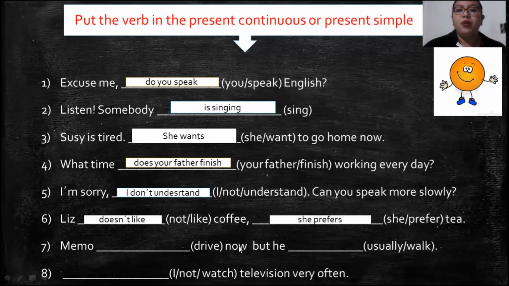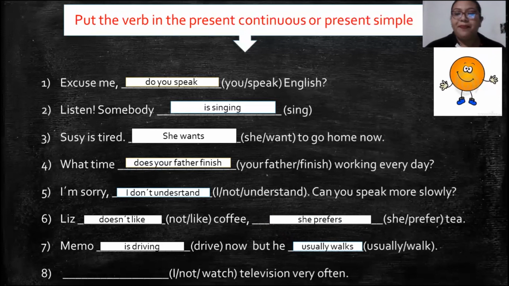So Memo is driving now, but he usually works, okay? Because I have the keyword that is telling me that it is a simple present activity, okay? Finally, I don't watch television very often. Again, I have my keyword that is very often, okay?